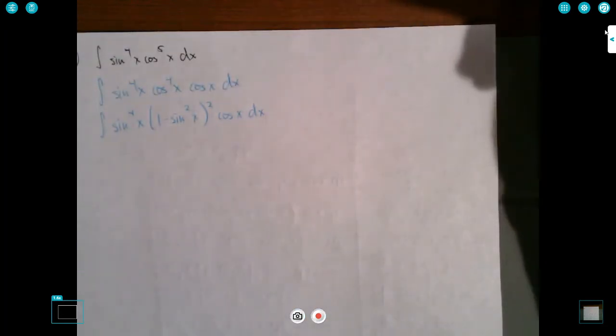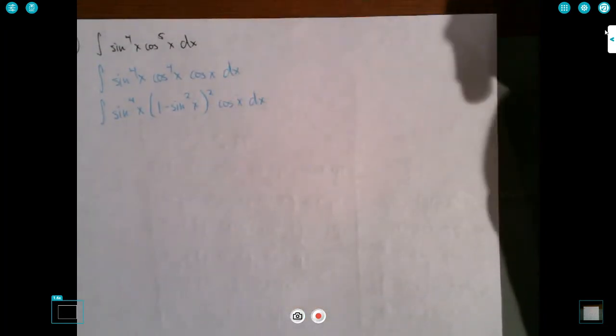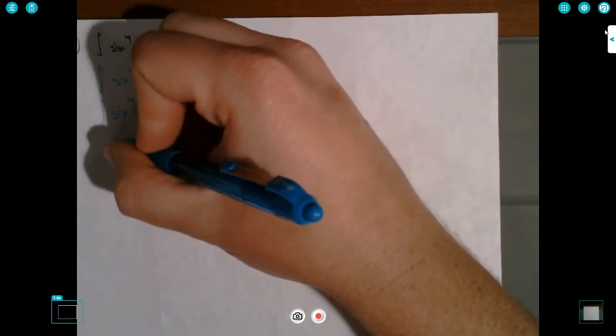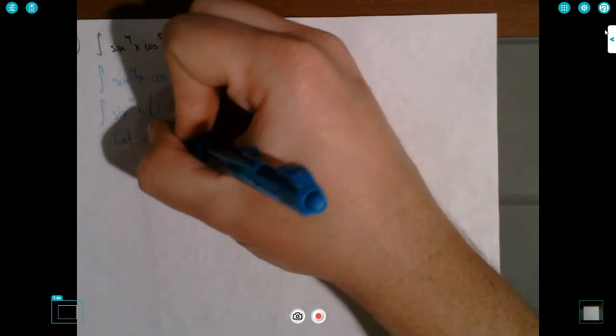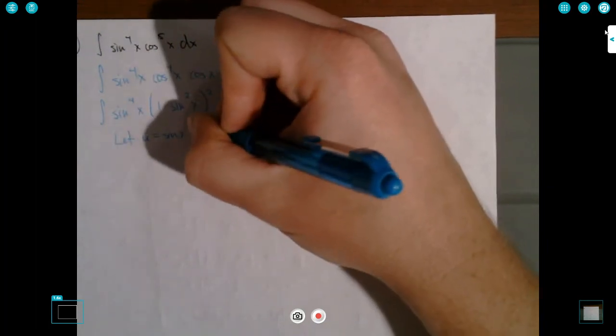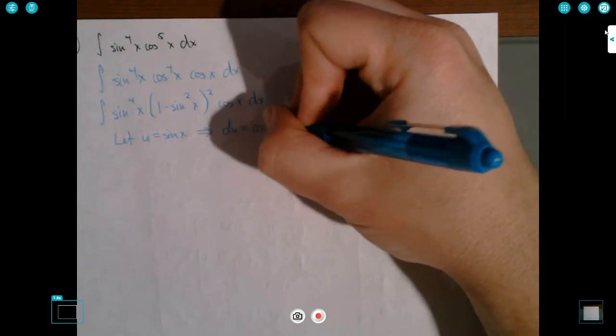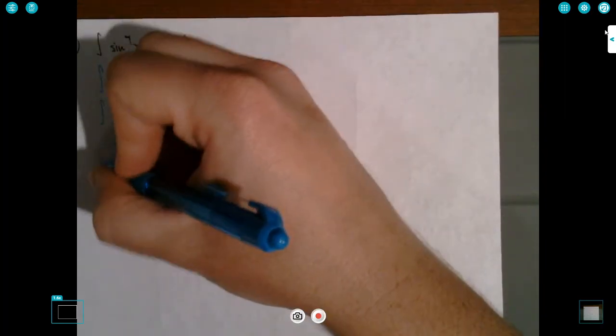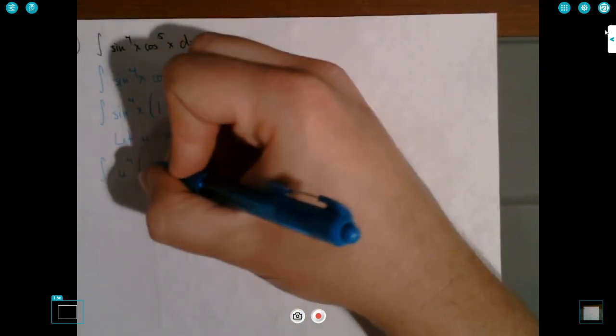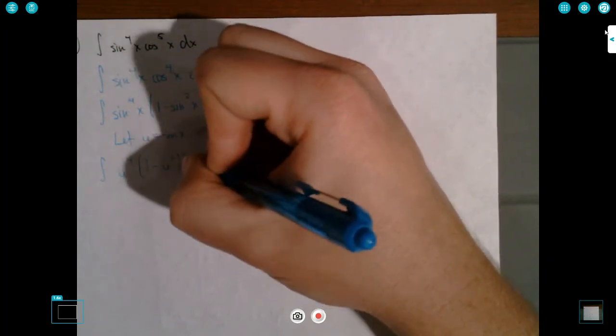It's just a little bit easier because there are fewer symbols to carry around at that point. So let u be sine x, then du is cosine x dx, and you've got u to the fourth times 1 minus u squared squared du.